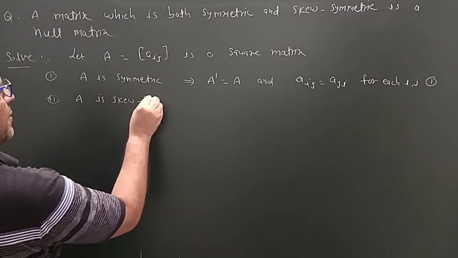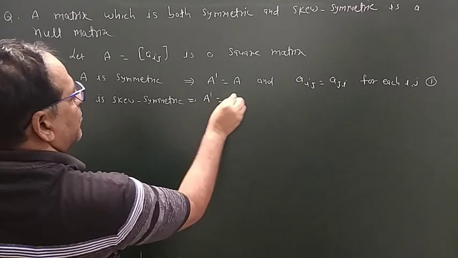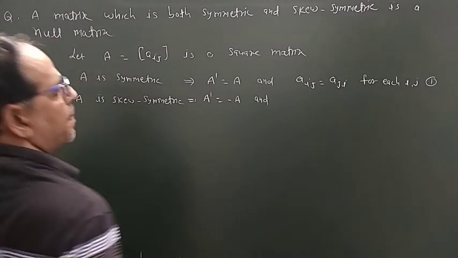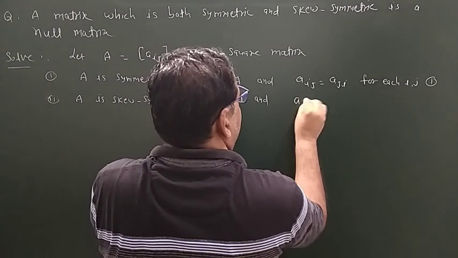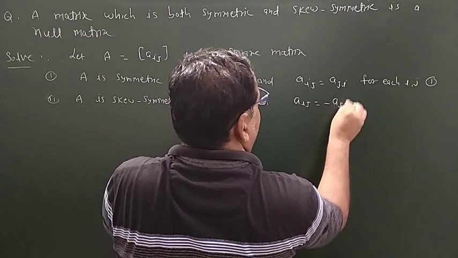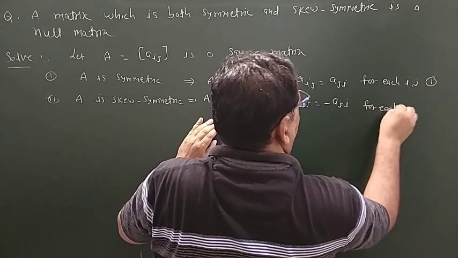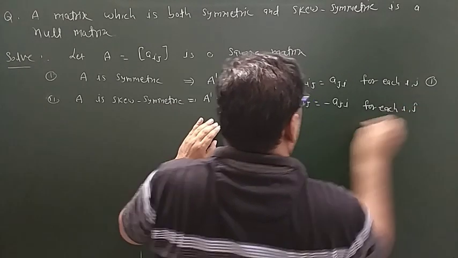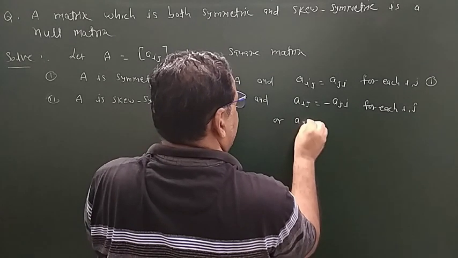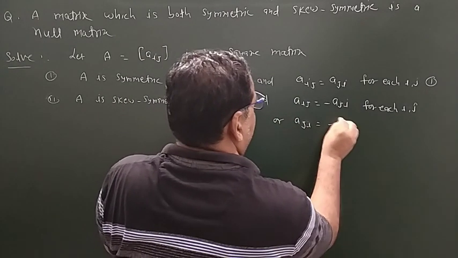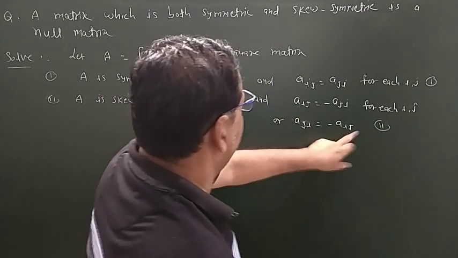The condition is A dash equal to minus A, and by elements Aij equal to minus Aji for each i and j, that means this can be written as Aji equal to minus Aij. This is the second equation.